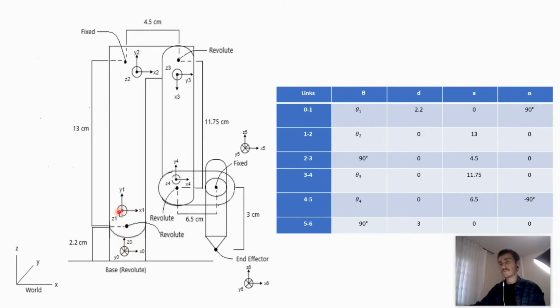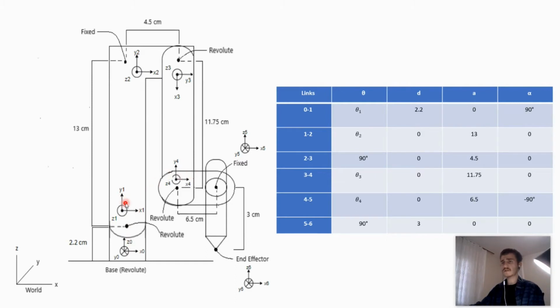Z1 axis of the first revolute joint is out of the page. So there is a joint offset of 2.2 cm between the base and first revolute joints here. Length of the link is 0 and twist angle is 90 degrees because here the Z0 axis is in this direction and the Z1 axis is 90 degrees apart from the Z0 axis.